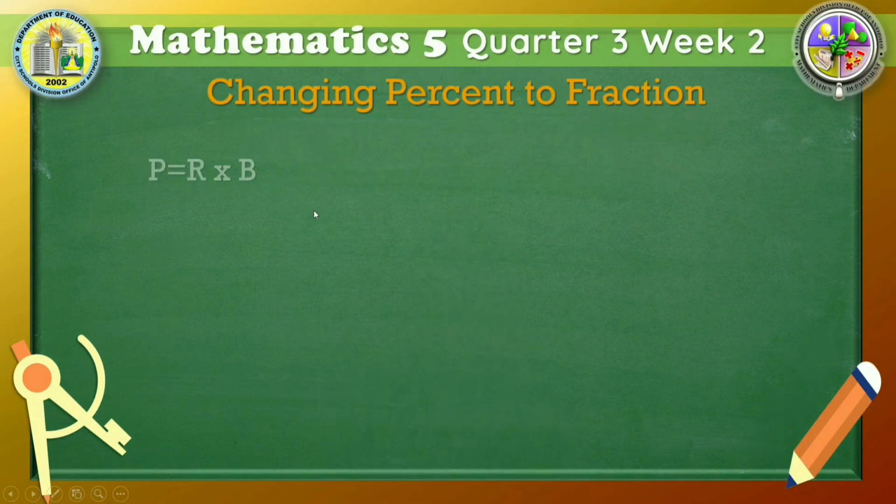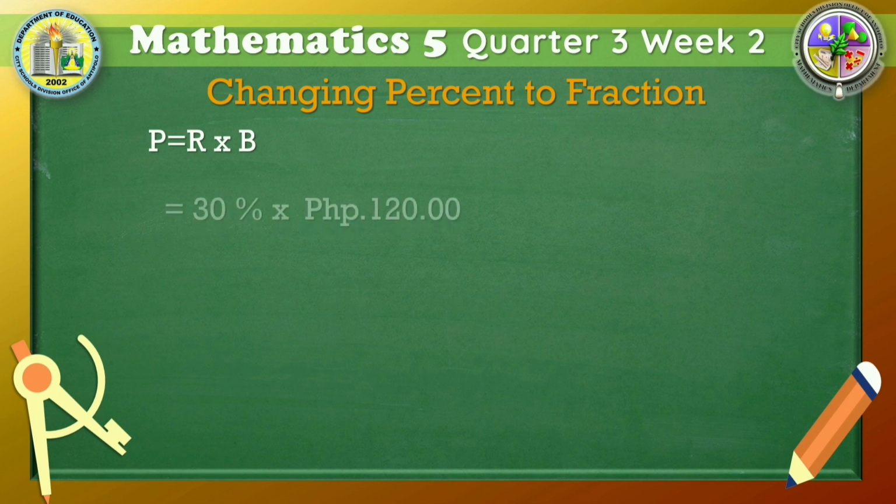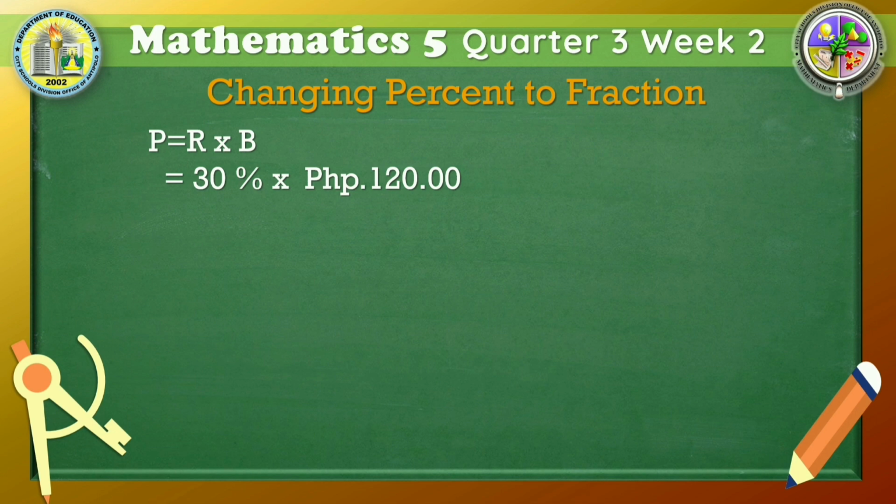The second one is changing percent to fraction. Again, we're about to use the formula from Tessian's triangle. Percentage equals rate times base. So we have 30% times 120 pesos. We will change 30% to fraction. So this will be 30 hundredths, as we're talking about percent, times 120 over 1. We will use cancellation method. 100 and 120 have a GCF of 20.